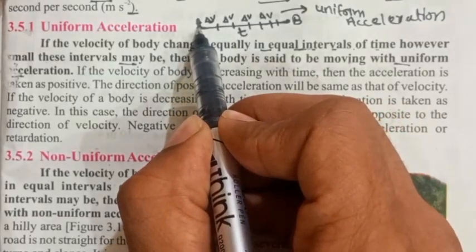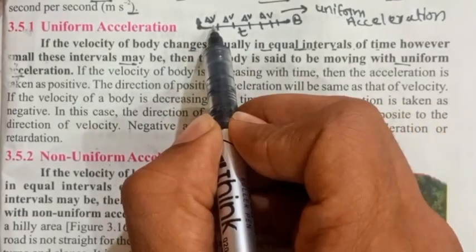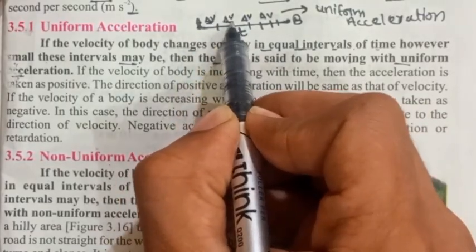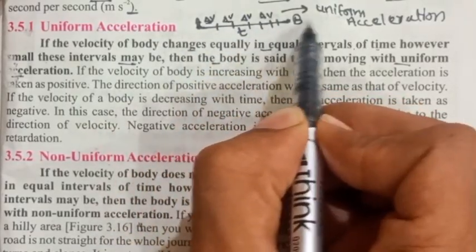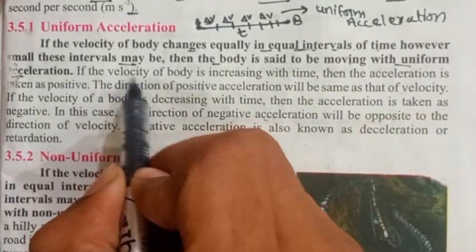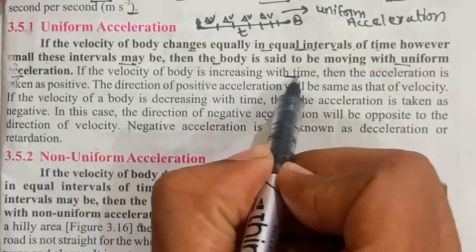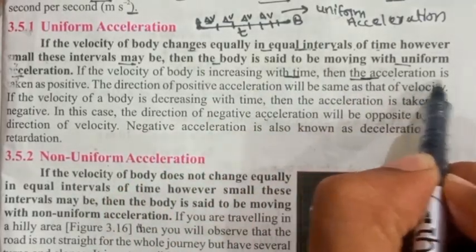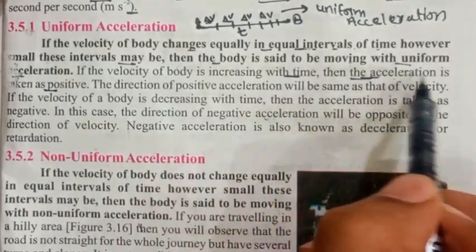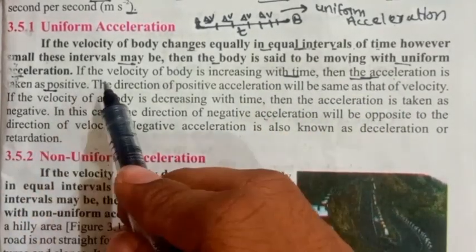See, the body is moving from point A to point B. In these small intervals, the velocity is the same, so this means it is uniform acceleration. If the velocity of the body is increasing with time, then the acceleration is taken as positive.